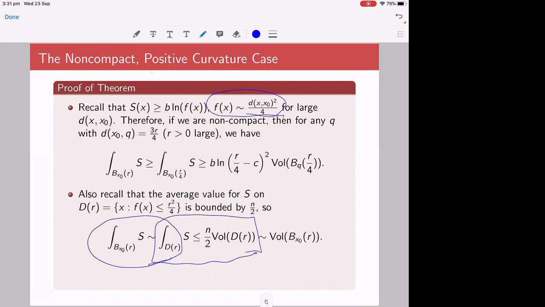Because remember that D of r was defined to be the set of x so that f of x was less than or equal to r, I think. I got that square wrong. No, it was the other way around.